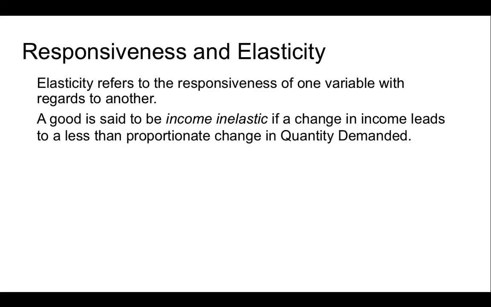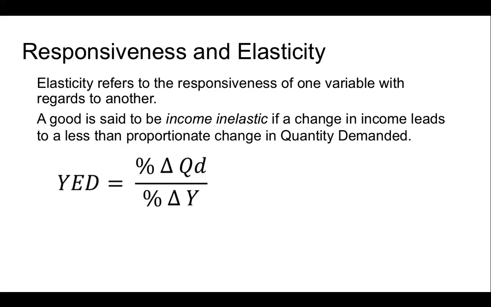Now we also want to be able to describe YED in terms of its responsiveness, or elasticity. And we've said before that elasticity refers to the responsiveness of one variable with regards to another. A good is said to be income inelastic if a change in income leads to a less than proportionate change in quantity demanded. So what does this mean?